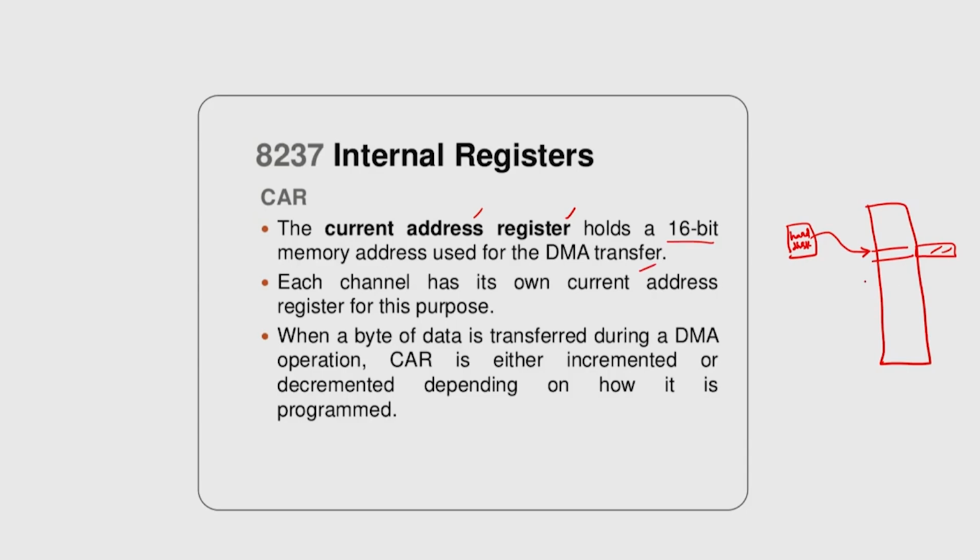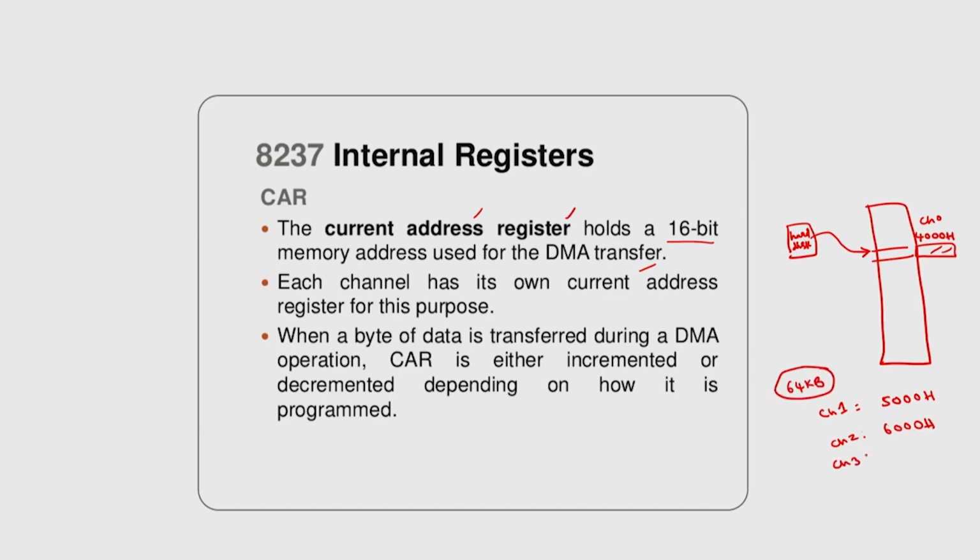Each channel will have its own address. Say 4000 corresponds to channel 0, and for channel 1 you can have 5000. Channel 2 you can have 6000. As I have told, each channel is capable of transferring a maximum of 64 kilobytes of data.